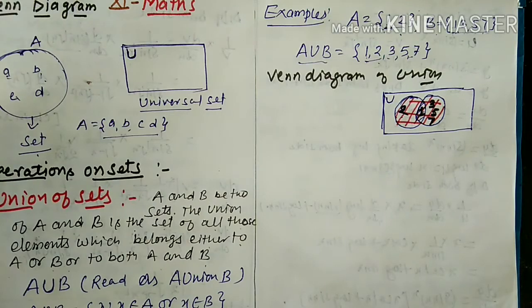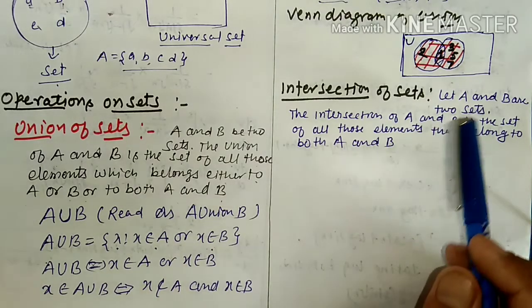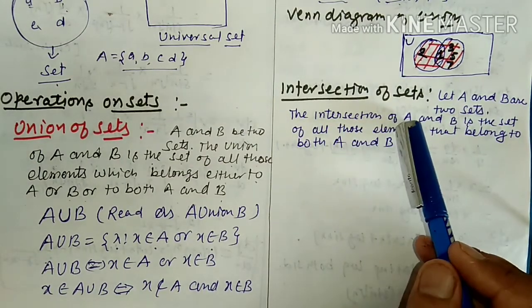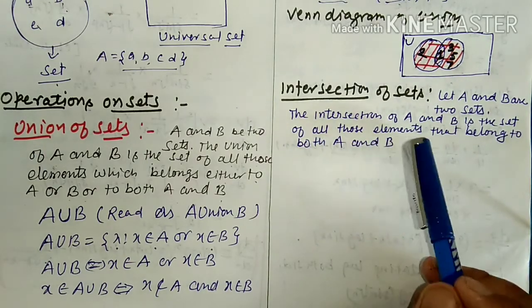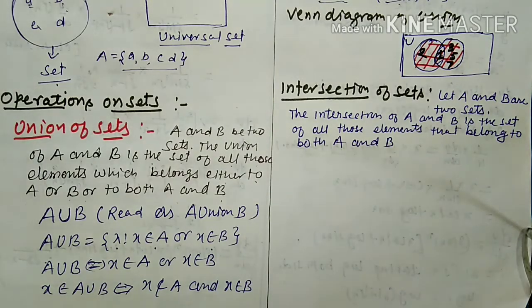Clear? Next is intersection. A and B are two sets. The intersection of A and B is the set of all those elements that belong to A and B. Means both, we select only those elements which belong to both of them, A as well as B. Clear?